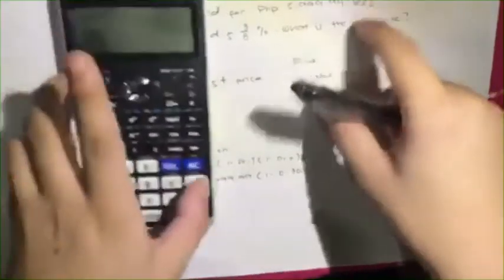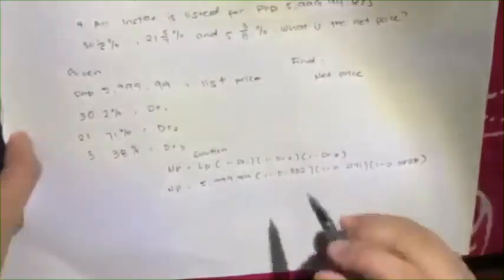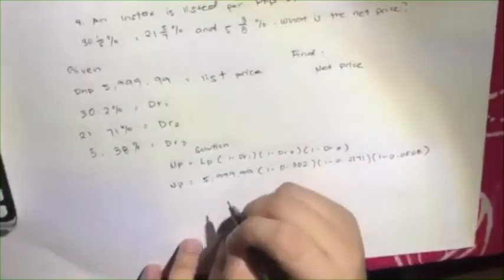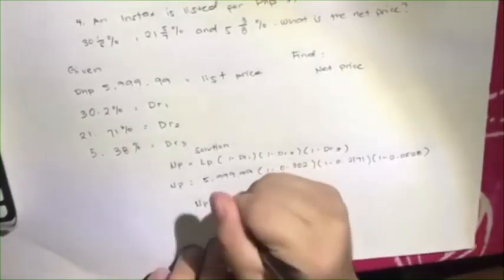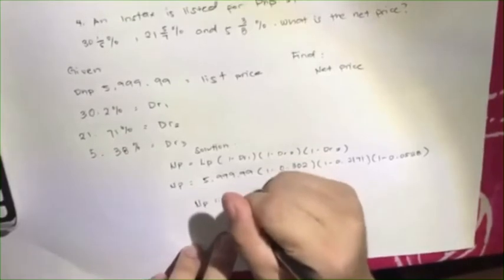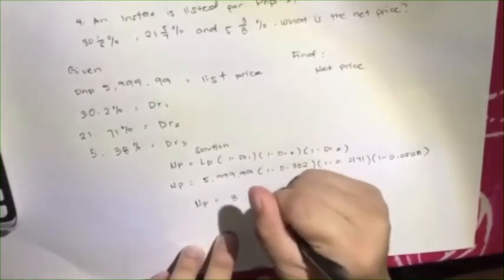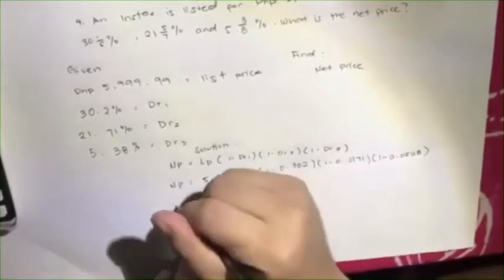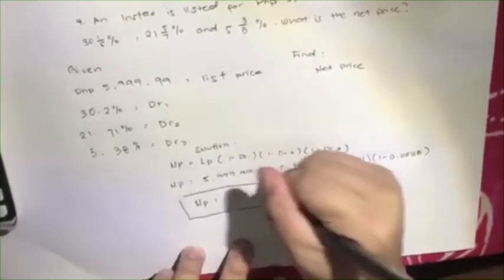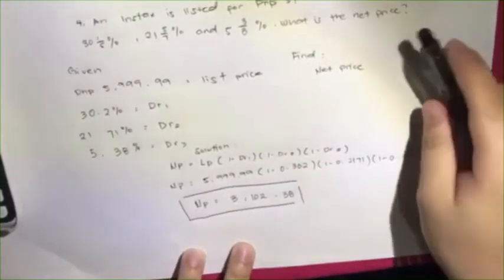So meron tayong 3,102. I-round off lang natin sa 2 decimal places. So meron tayo 3,102.38. So ayan lahat ang pabayaran niya para sa in-stocks.